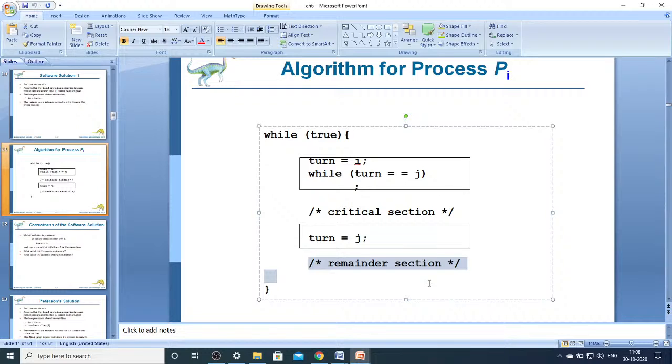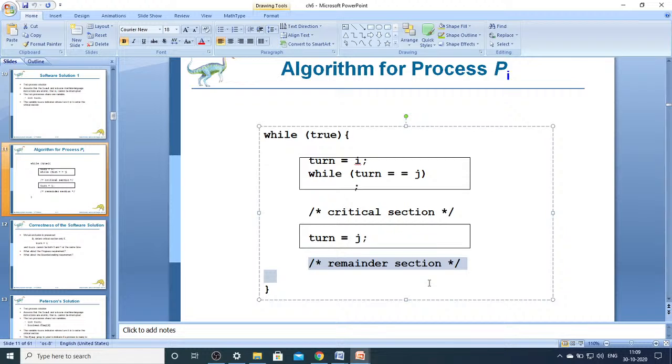In order to ensure consistency, we need to ensure that shareable resources can be accessed by only one process at any point of time. For that reason only, we are dividing the entire code of a process into two regions, the critical region and the remainder region.